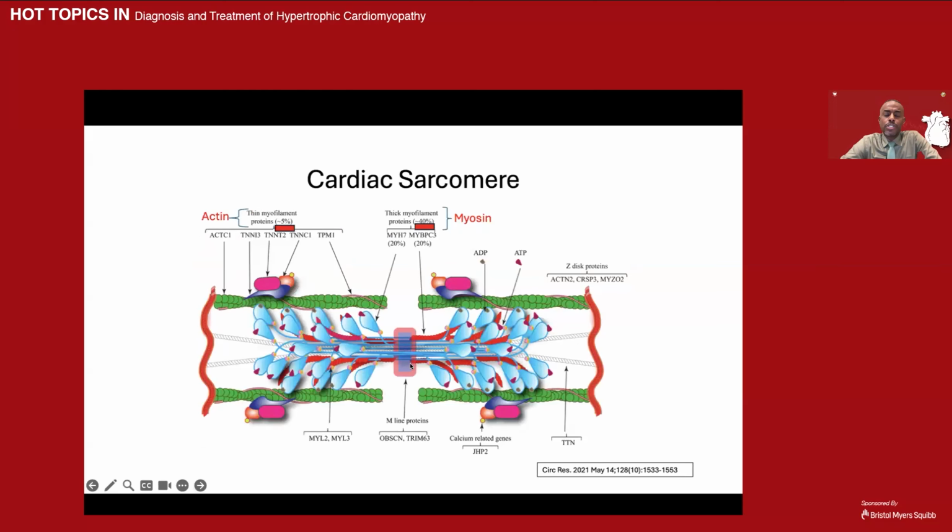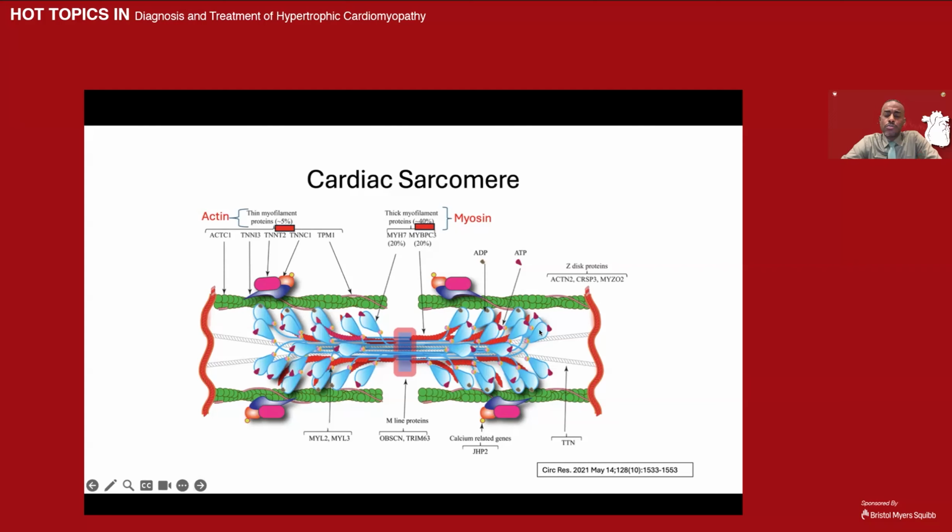So the mutations involved in it really relate to the cardiac sarcomere, which is the basic unit in the cardiac myocyte. And it is really comprised of the thin filaments here and the thick filaments and how they interact.